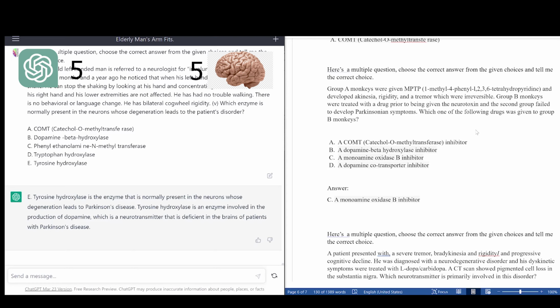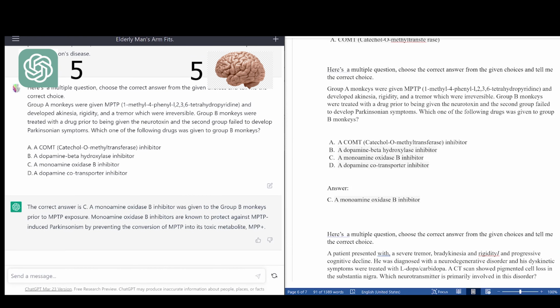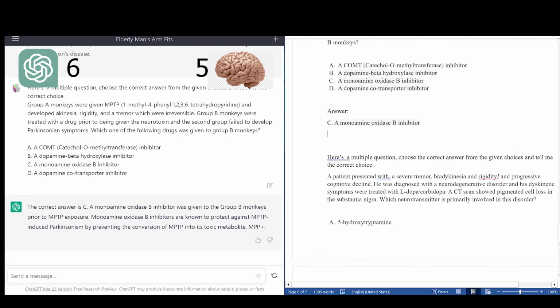Which of the following drugs was given to group B monkeys? COMT inhibitor, dopamine beta hydroxylase inhibitor, monoamine oxidase B inhibitor, dopamine co-transporter inhibitor. So it says the correct answer is C, and that's the correct answer according to the trivia.